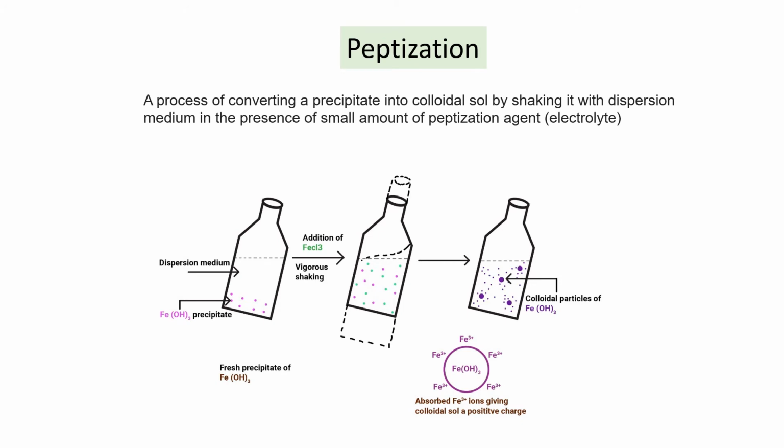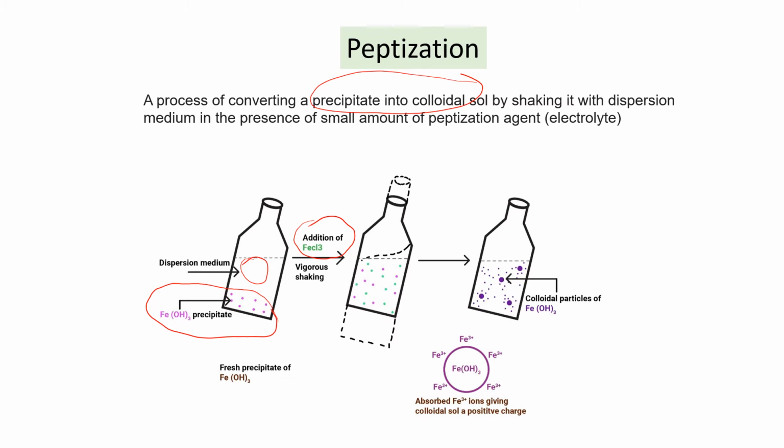Peptization is the process of converting a precipitate into a colloidal sol by shaking it with the dispersion medium in the presence of a small amount of a peptizing agent, or electrolyte. Here we have a fresh precipitate of iron hydroxide mixed with its dispersion medium, and then we add iron chloride as the peptizing agent.